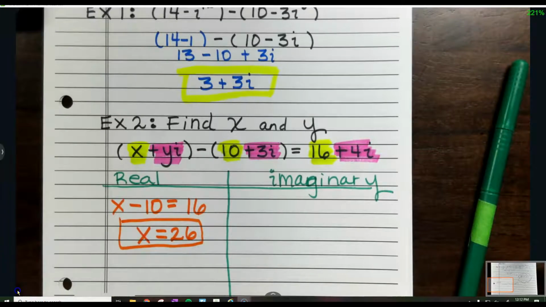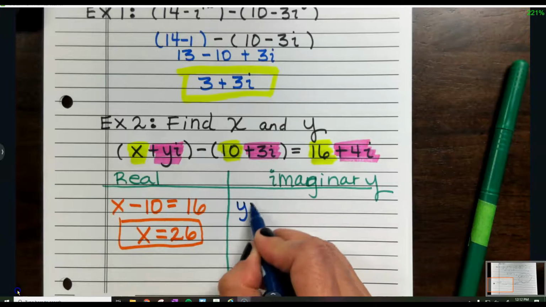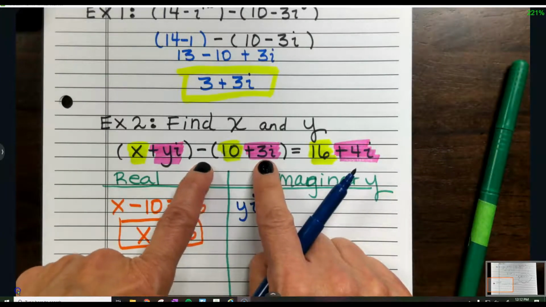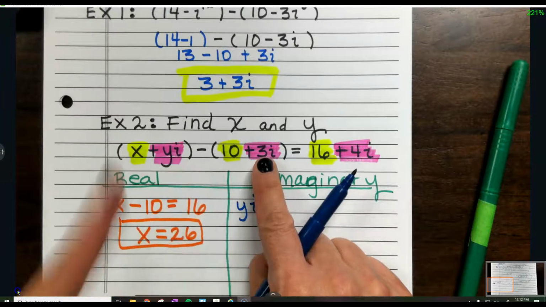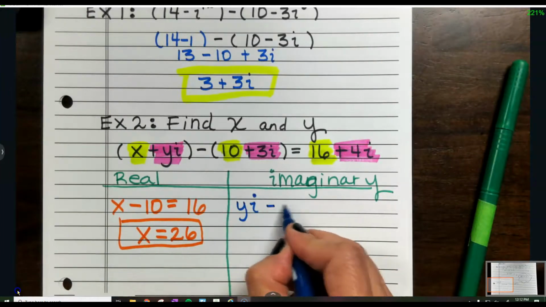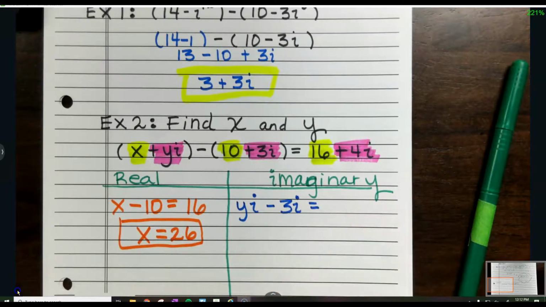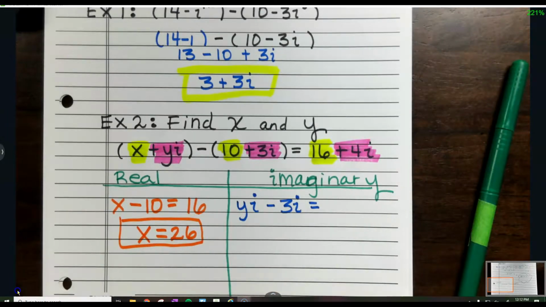Now let's focus on the imaginary. So yi. Now remember, you got to distribute the negative, so I'm not going to write plus 3i. I'm going to write minus 3i. And what did that give us a final answer of? Exactly.